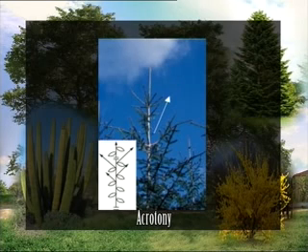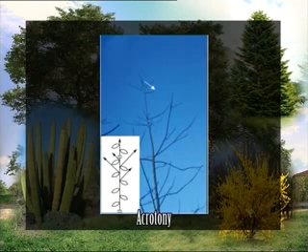Acrotony is the prevalent development of lateral axes in the distal part of the parent axis or shoot, and depending on whether branching is monopodial or sympodial, Rauh and Champagnat termed it respectively primary or secondary acrotony.